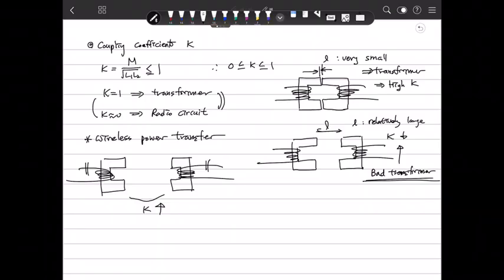So that's wireless power transfer. It can be understood as a kind of transformer, but the gap is very huge, and they add capacitors on both the primary and secondary sides. So you increase the coupling coefficient and make a big coupling between the two coils.